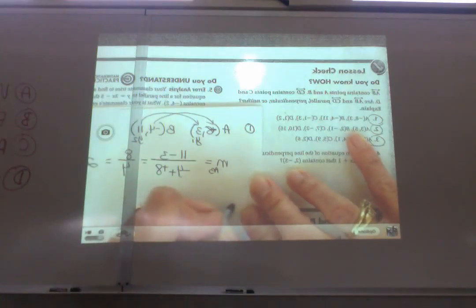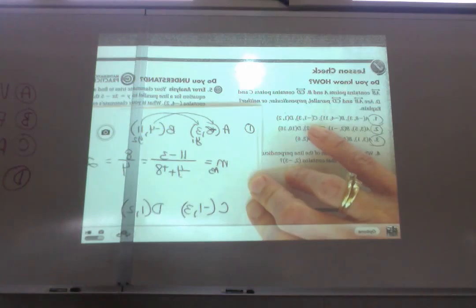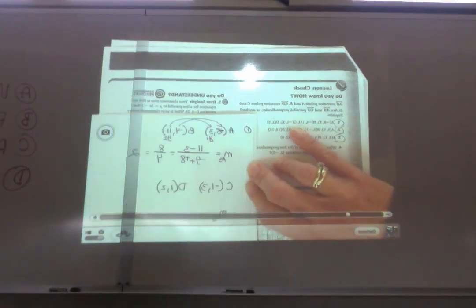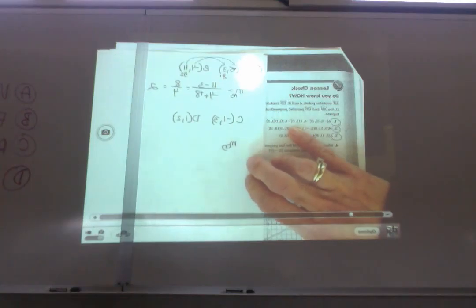Now we have another line, CD. So now we have to look at those two ordered pairs. Again, we're going to find the slope. They want us to tell whether it's parallel, perpendicular, or neither. And we've been working on how to compare slopes.